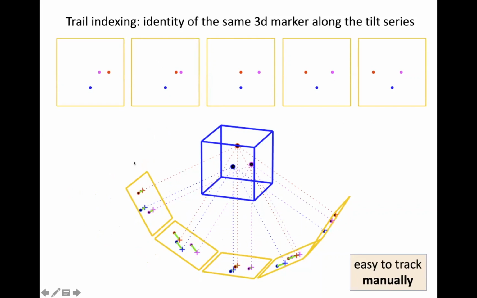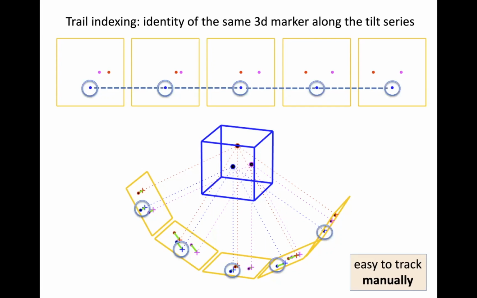Imagine that this is our simplification. This is what is happening in our tomogram. We have these colored markers with blue, magenta, and red edges, and the orange squares are our micrographs. If I ask you to follow one marker, let's say the blue marker in the tilt series, it's kind of trivial, of course.